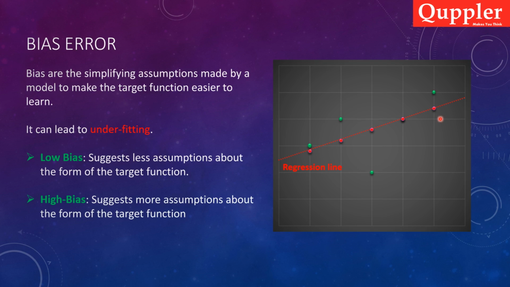So the greater the distances in our data set, the more inaccurate our model is. Basically, the difference between the predicted value and the actual value is the error. To conclude in very simple terms, bias is the difference between your model's expected value and the actual values. So this was about bias error.